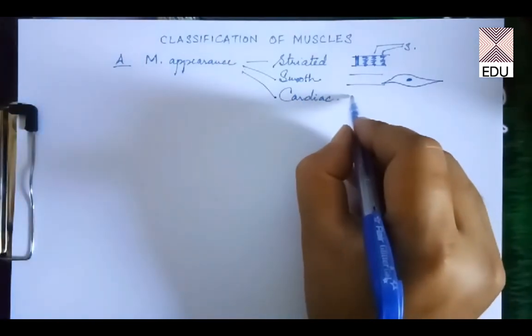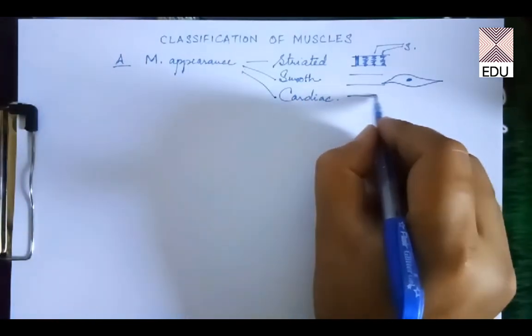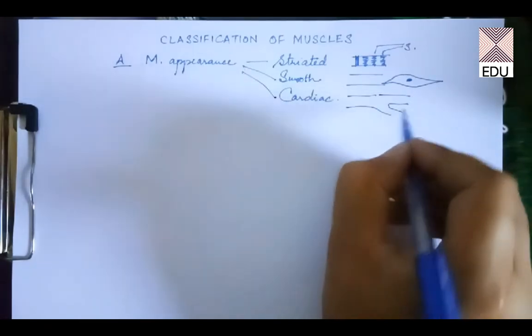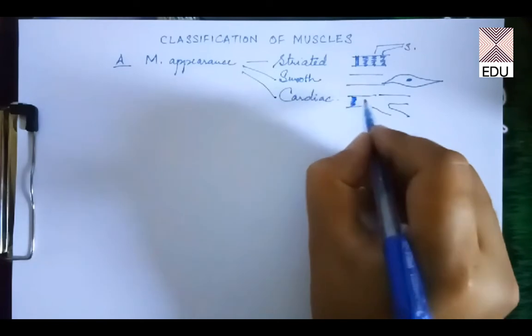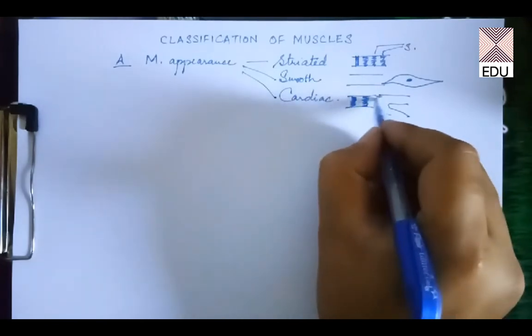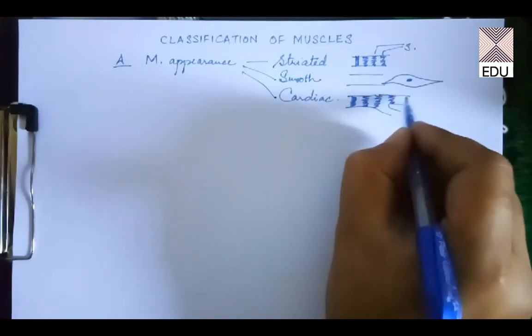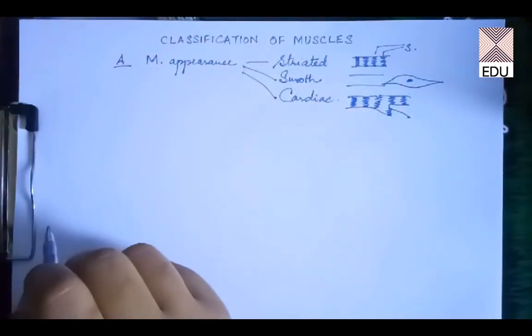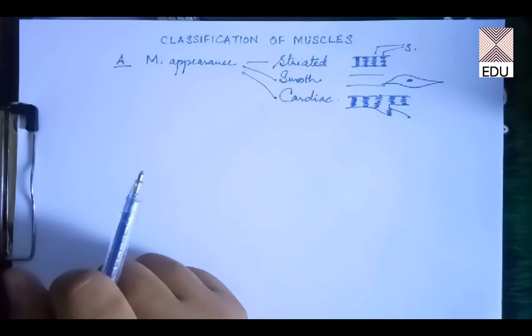And cardiac muscles are also striated, but they are also branched. So they have striations, but they are branched also. So these are the three types of muscles on the basis of appearance.